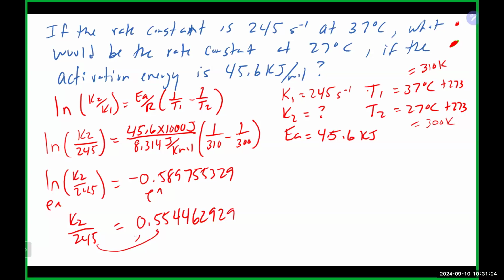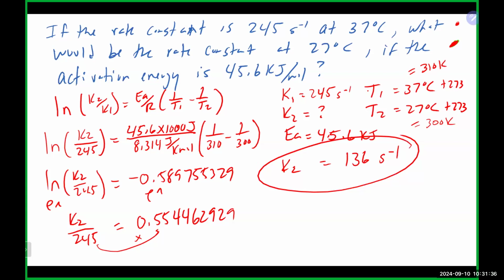Obviously, I'm going to multiply that over, and that will give me a K2 of about 136, we'll call it. It will have the same units as the other rate constant, obviously, in this case. Questions on that there?